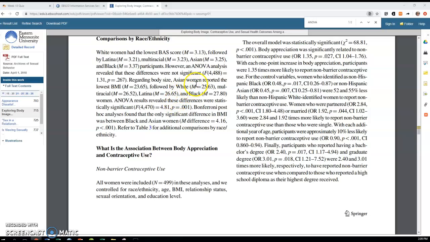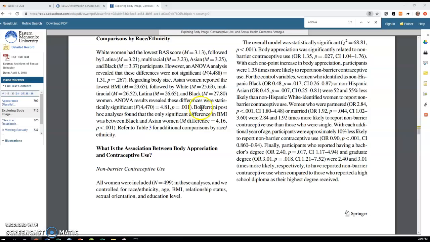And you might look at it immediately and say, well, white's the lowest and black is the highest, so that's a clear difference. And that's often the case. The lowest and the highest are often significantly different. But that's not always the case. It can depend on variance also, and plus we don't know right now if white and Latina are significantly different or not.